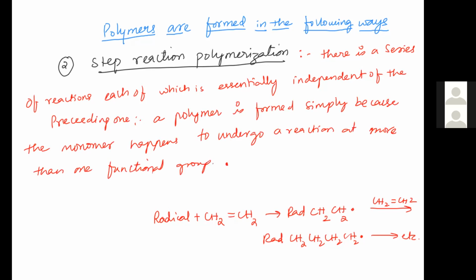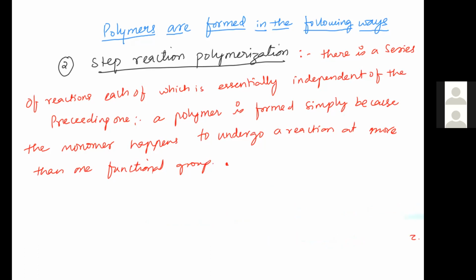See what happens here, for example, just to understand: a diol is going to react with dicarboxylic acid to form an ester.